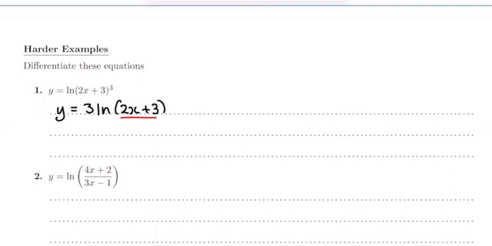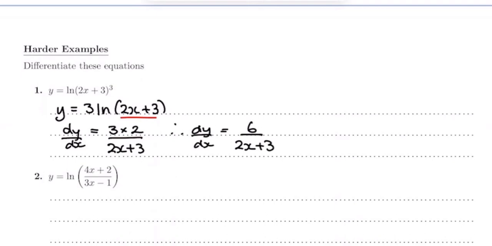Notice your internal function is 2x plus 3, so therefore dy/dx will be 3 times the differential of the inside, which is 2, over 2x plus 3, so therefore dy/dx equals 6 over 2x plus 3.